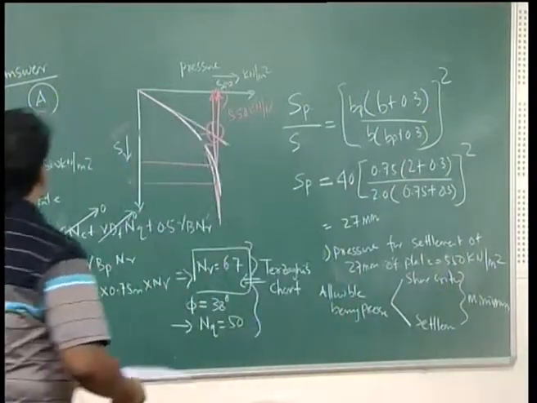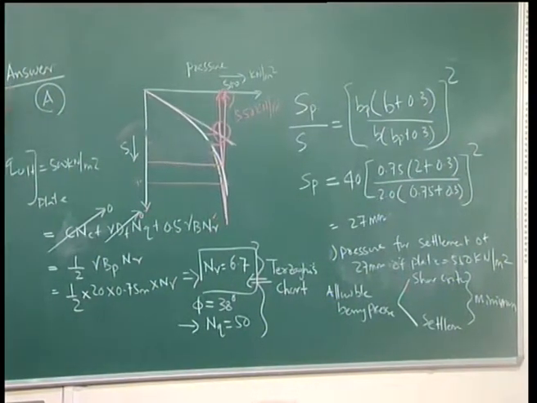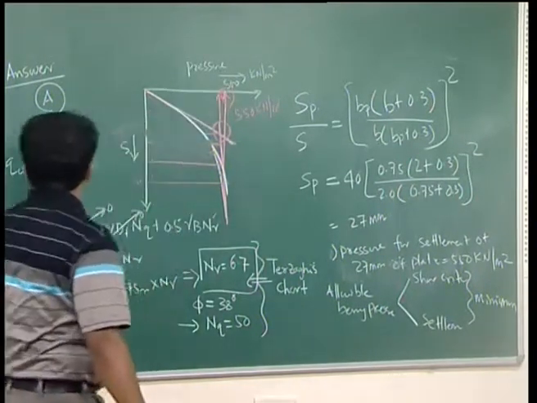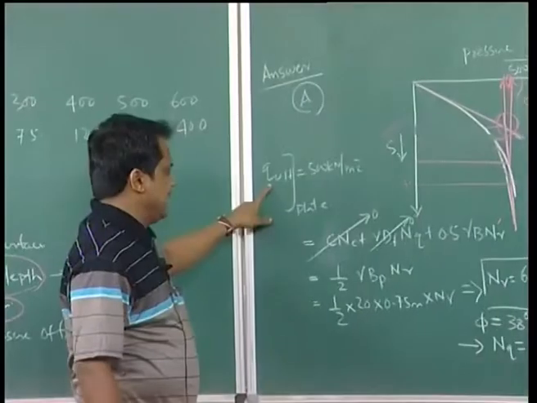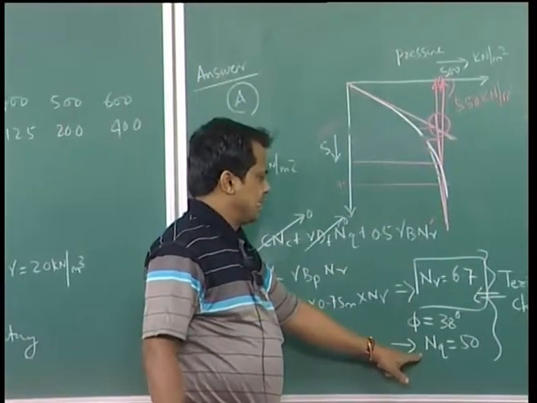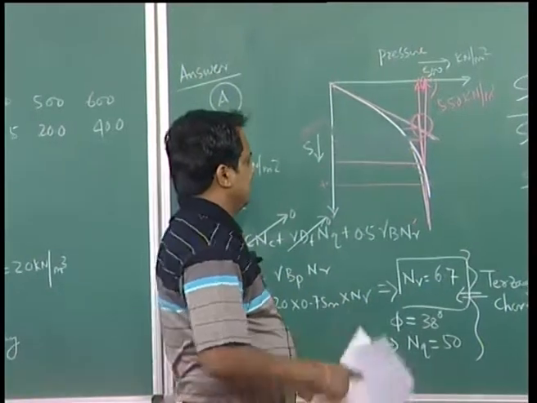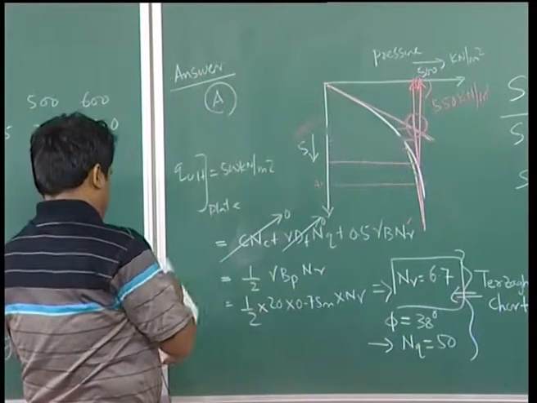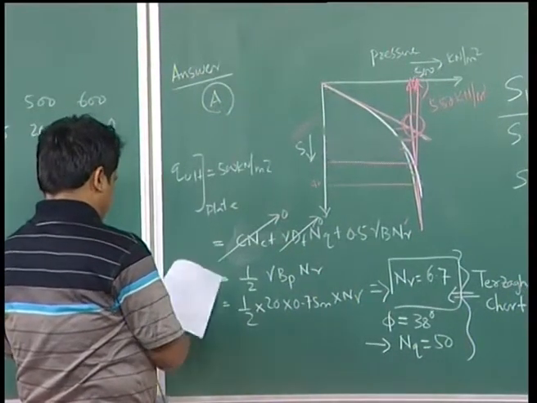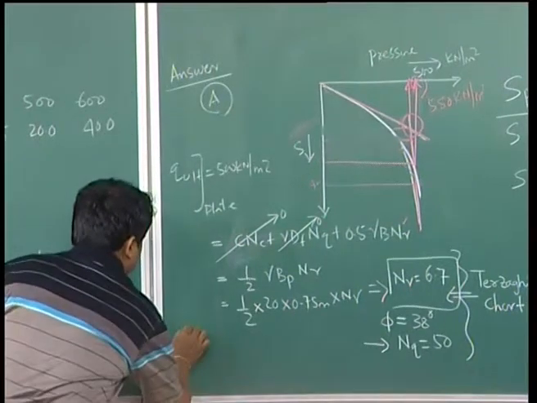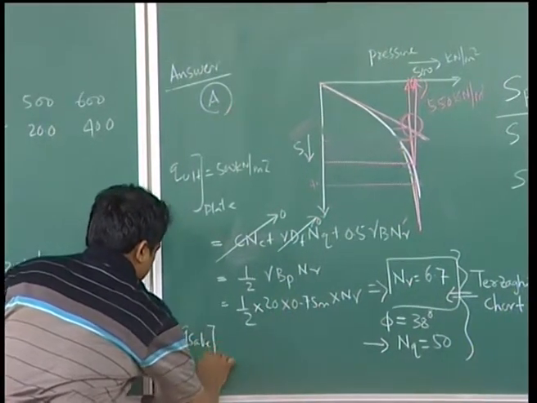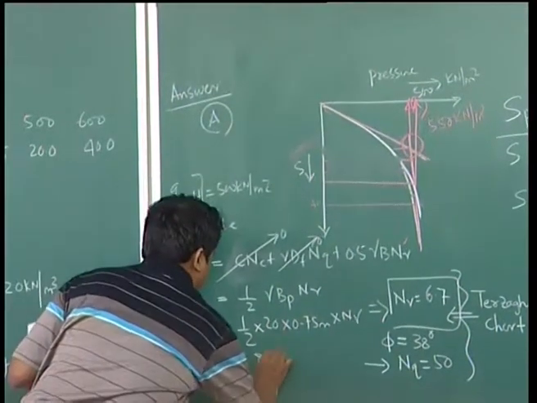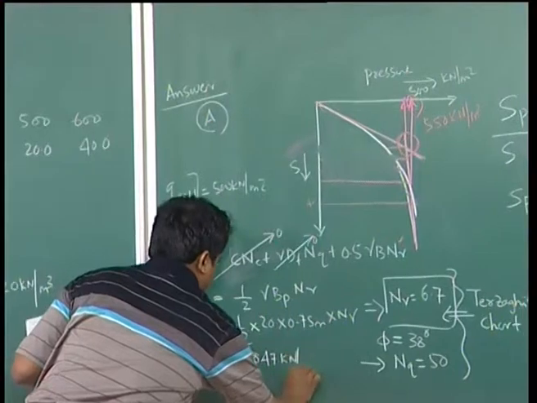If you look at part A, with this pressure settlement curve, we get the failure that is coming around 500. From there, phi, N gamma and NQ have been calculated. From there, the bearing capacity of footing has been calculated. It was coming approximately 847, Q safe of footing is equal to 847 kilonewton per meter square.